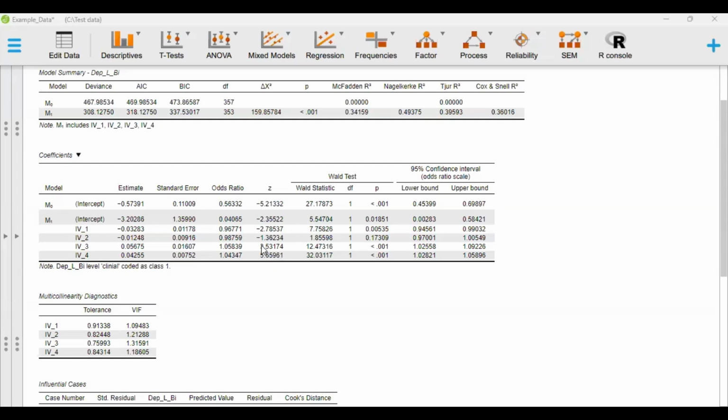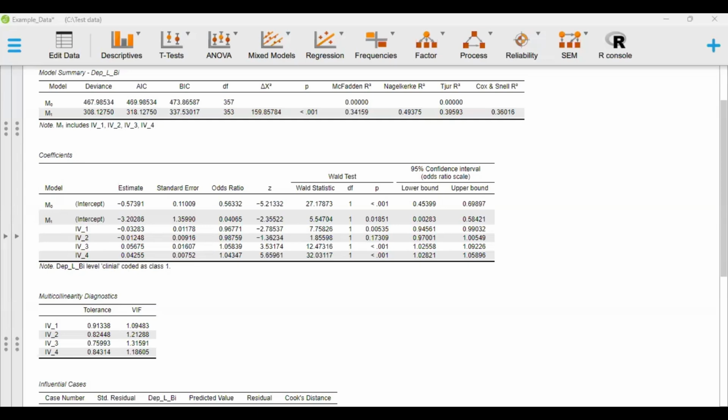For example, for IV4 that we have here, the odds ratio is 1.04. If I do this calculation that I just mentioned, it changes this odds ratio to a percentage of 4.3%.